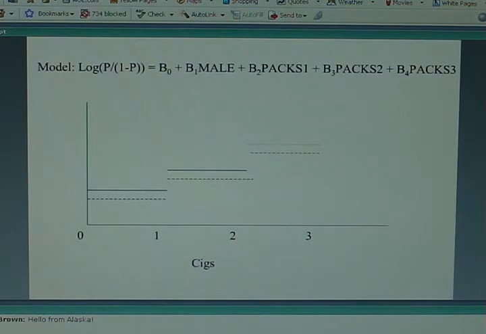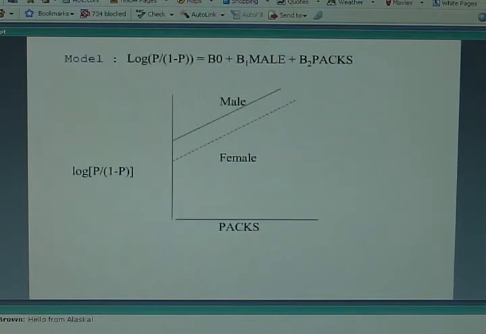But in the second model, we made a different type of assumption. If we talk about females, if we set male equal to 0, what we have is this model says a woman's log odds of disease is B0 plus B2 times her level of smoking packs, 0, 1, 2, and 3. But that's the equation of a straight line. This model is assuming females have a linear relationship in terms of their level of packs on their log odds of getting disease.